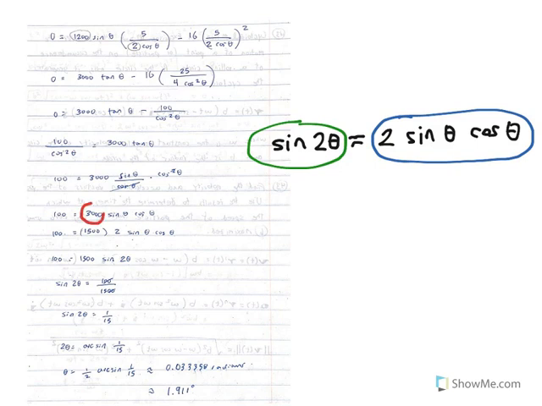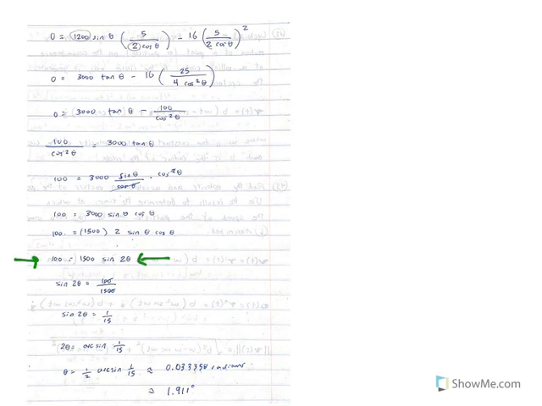So I will rewrite 3,000 as 1,500 times 2 so that I can have 2 times sine theta times cosine theta, which I can replace with sine of 2 theta. That leaves me with this equation. Again, my objective is to find theta, the angle at which the bullet must be fired for it to hit the target that's 3,000 feet away.